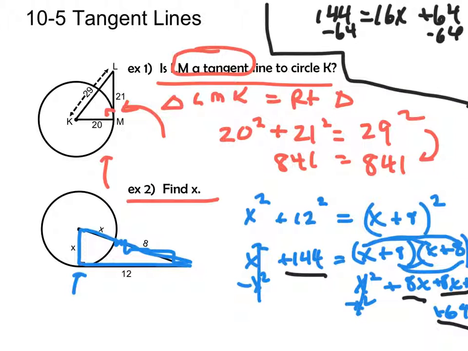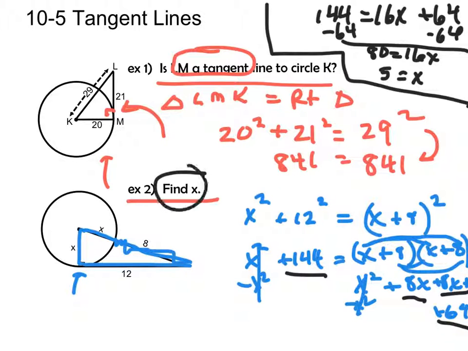That gives me 80. So I get 80 equals 16x. Then I divide both sides by 16 to solve for x. I get x equals 5. And that's what my x would be.